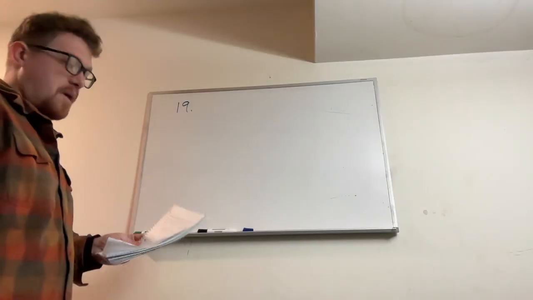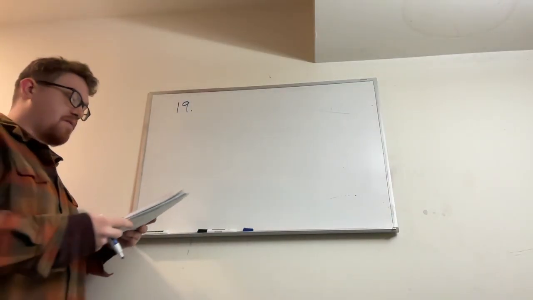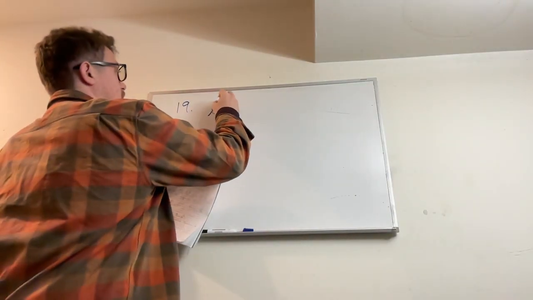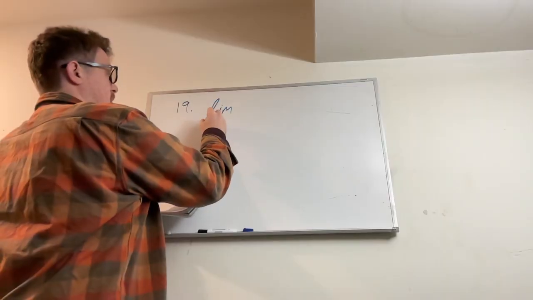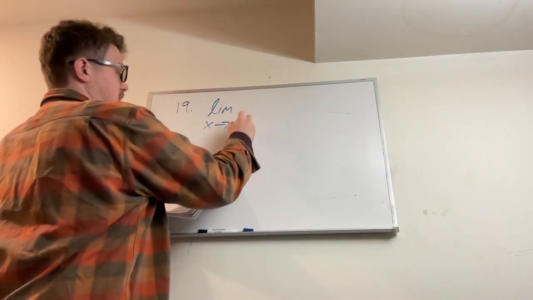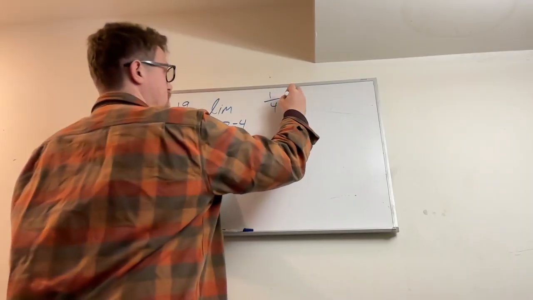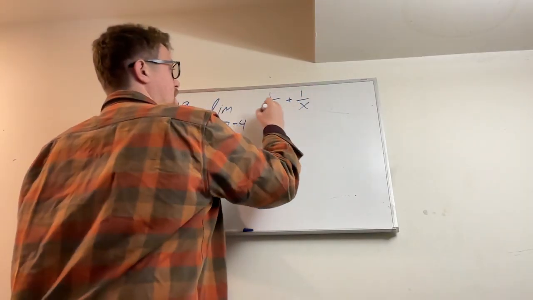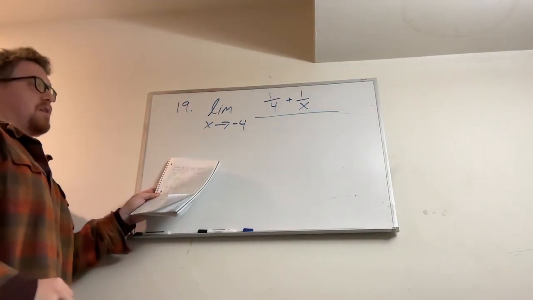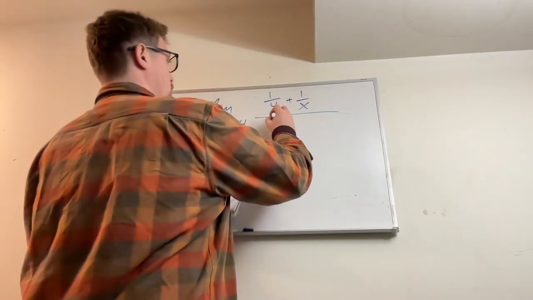All right, so same type of problem, just evaluate the limit if it exists. Limit as x goes to -4 this time, and the top of the fraction is 1/4 plus 1 over x. And then we take that and we're going to divide by 4 plus x.